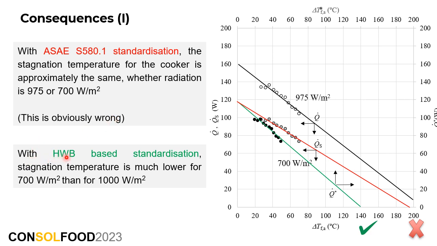With the Hottel-Whillier-Bliss based standardization, the stagnation temperature is much lower. In green, this is the linear trend associated with the HWB based standardization, which we say is the correct one. And this red line is the linear trend associated with the ASAE S580.1 standardization that we believe is clearly wrong.